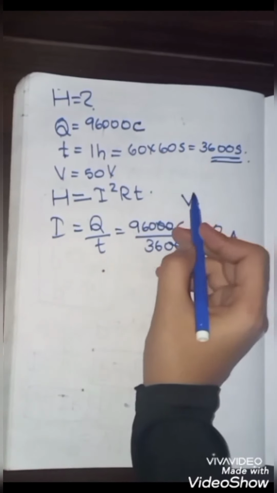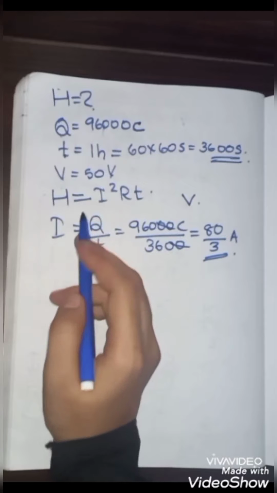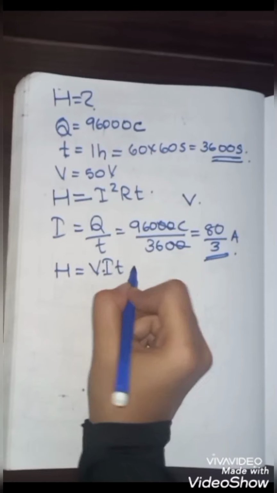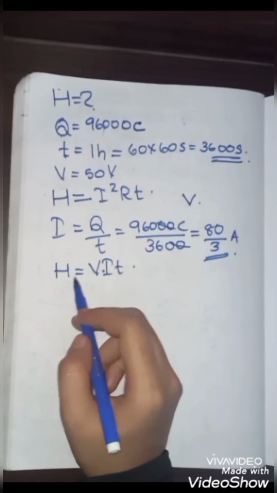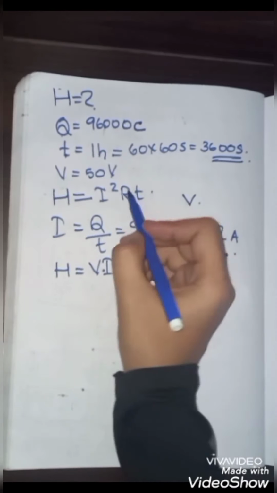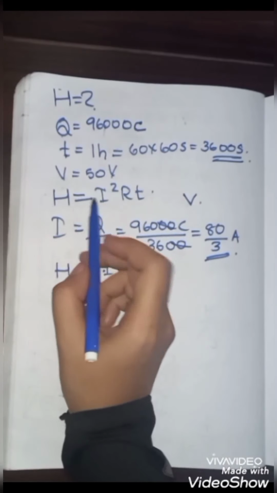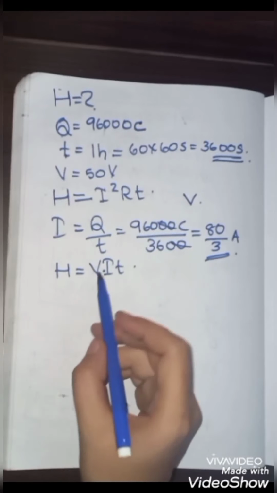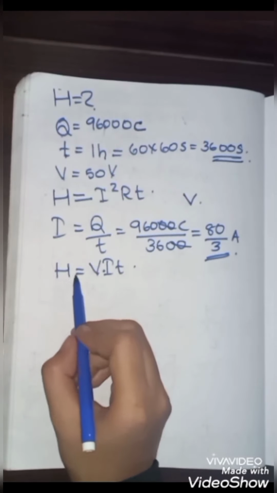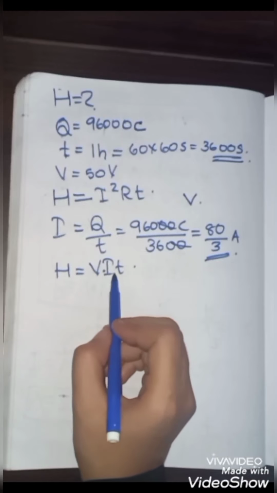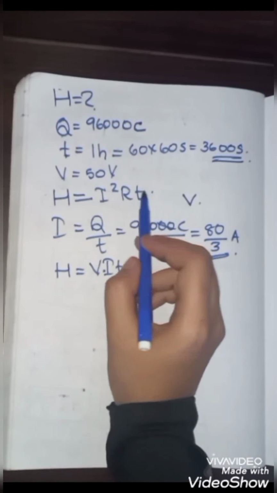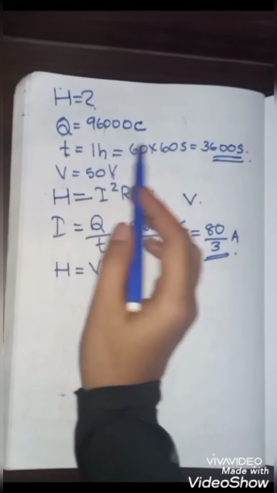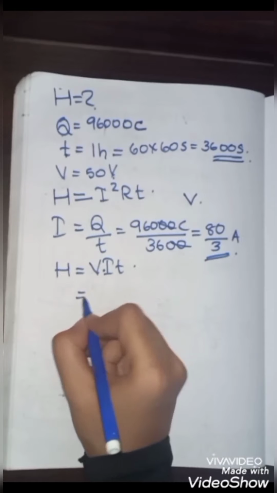We have the equation with VI, that is H is equal to V into I into T. Or we can apply Ohm's law and calculate the resistance, then substitute those values in this equation also. Here we are using H is equal to V into I into T. V is equal to 50 volt, I is equal to 80 by 3 ampere and T is equal to 3600 second.